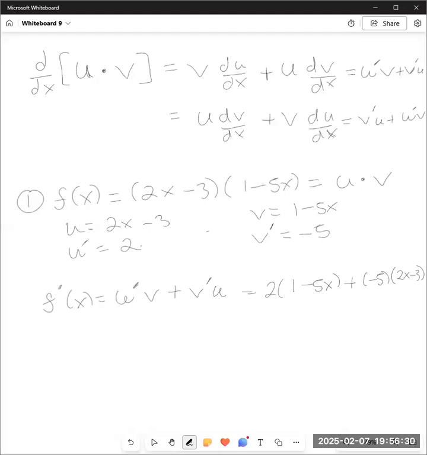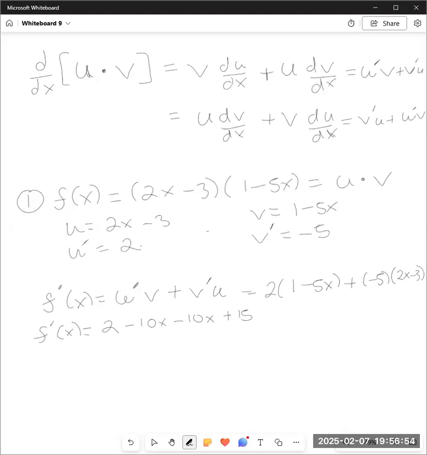And so this is f prime of x is equal to 2 times 1 is 2. 2 times negative 5x is negative 10x. We have a negative 5 times 2x is a negative 10x, and a negative 5 times a negative 3 is a positive 15.